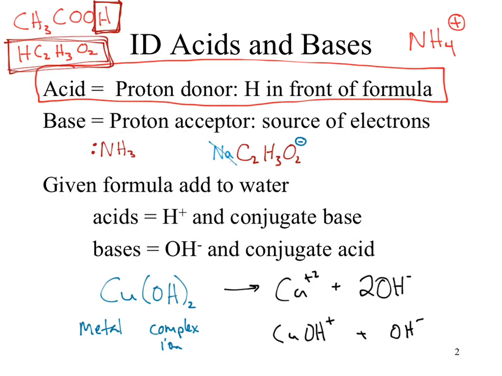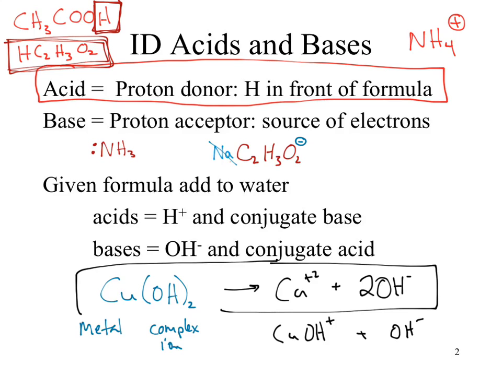If you see that metal, split it up into the ions. Ideally, you would split it up completely, and then evaluate. If we split that, what do we have, an acid or a base? Base. How do you know it's a base? We see OH minus.